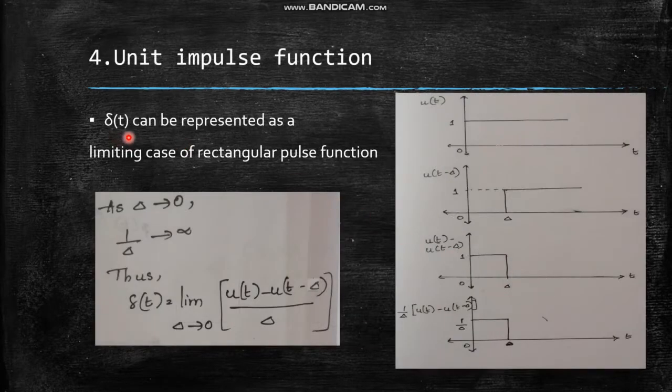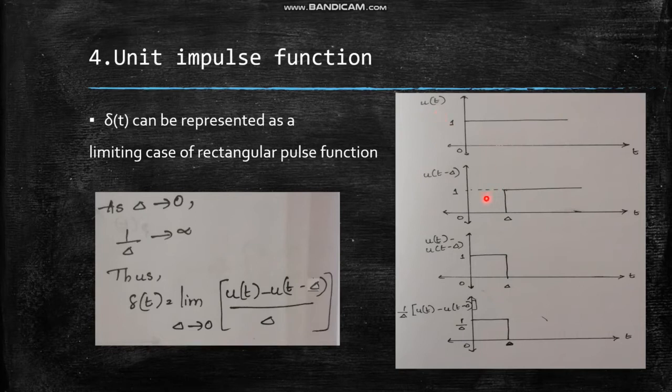The unit impulse function delta of t can be represented as a limiting case of a rectangular pulse function. As we look here, the first figure is a unit step signal u of t with amplitude 1. This u of t signal is first shifted by a delay of delta, that is, u of t minus delta is obtained here.